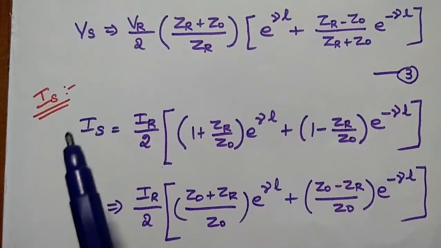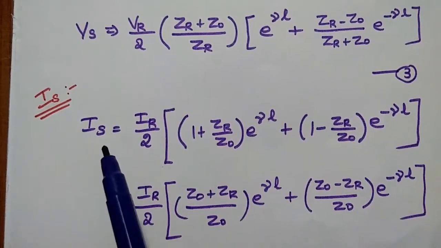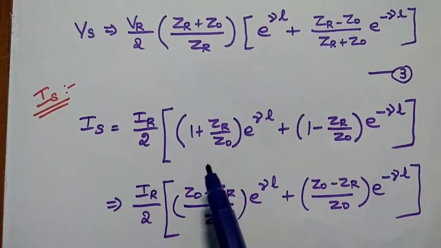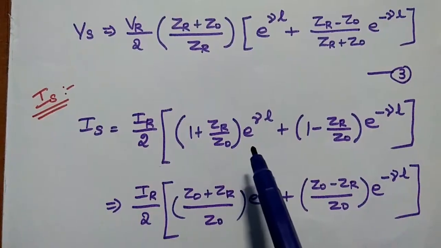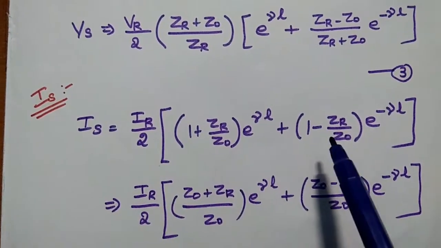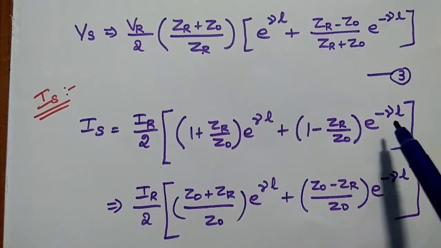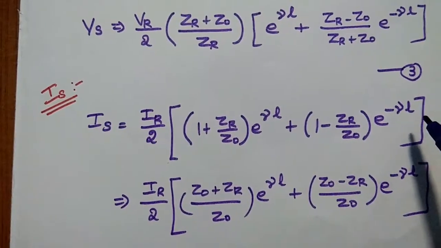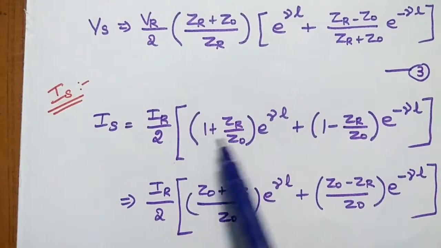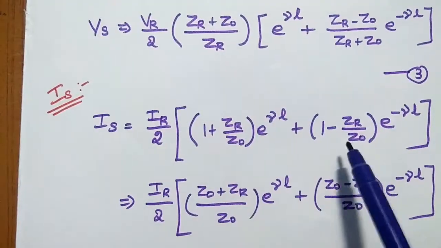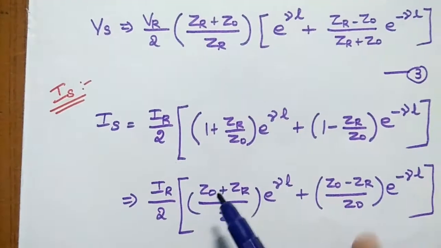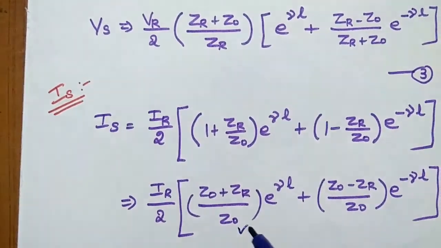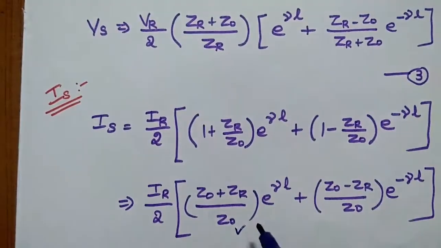Similarly, we can derive the sending current. So Is is equal to Ir by 2 of (1 plus Zr by Z0) e power γL plus (1 minus Zr by Z0) e power minus γL. Here also I am going to take Z0 as a common one, and then take this term as common from these two terms.